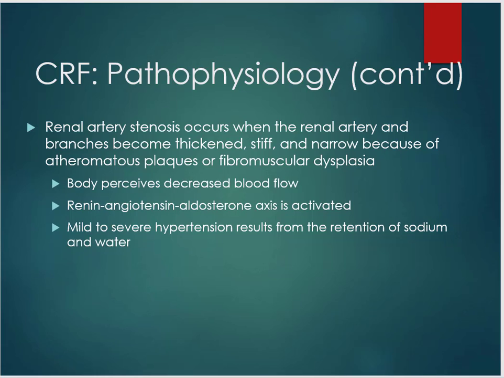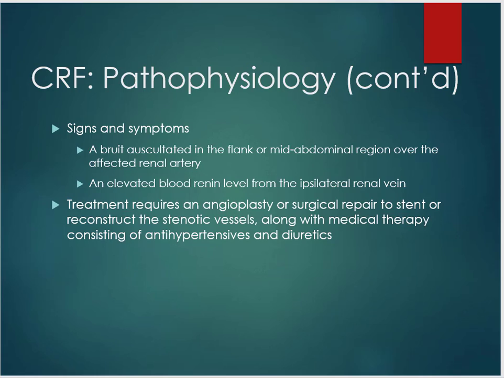With these individuals, it's important to auscultate for bruits in the flank or the mid-abdomen over the affected renal artery, and also to be aware of any elevated renin levels on the ipsilateral renal vein. Treatment may require angioplasty or a stent to be placed, along with medical management.